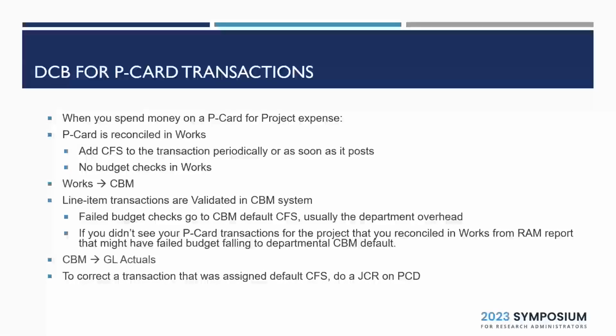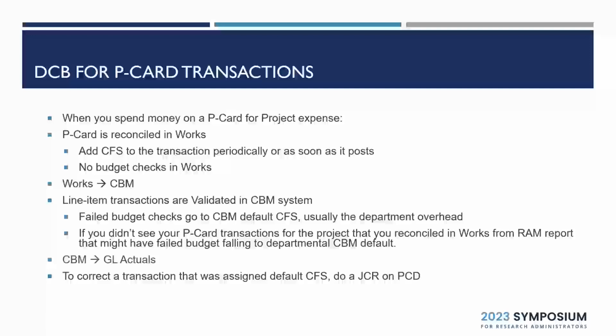So the transactions transfer to CBM. CBM will validate all the transactions with their chart field string and budget check. If your transaction fails the budget check, it will charge to your departmental CBM default chart field string. Usually it's your departmental overhead account.